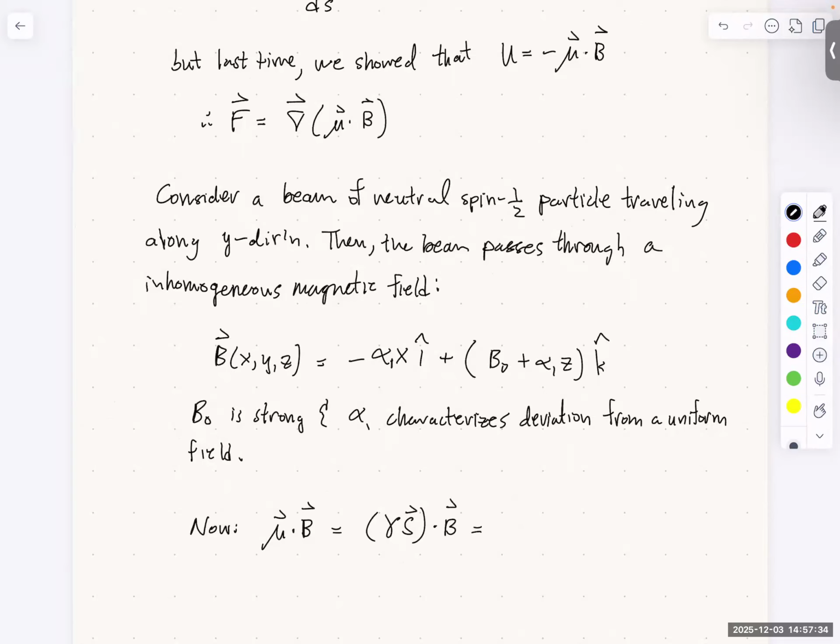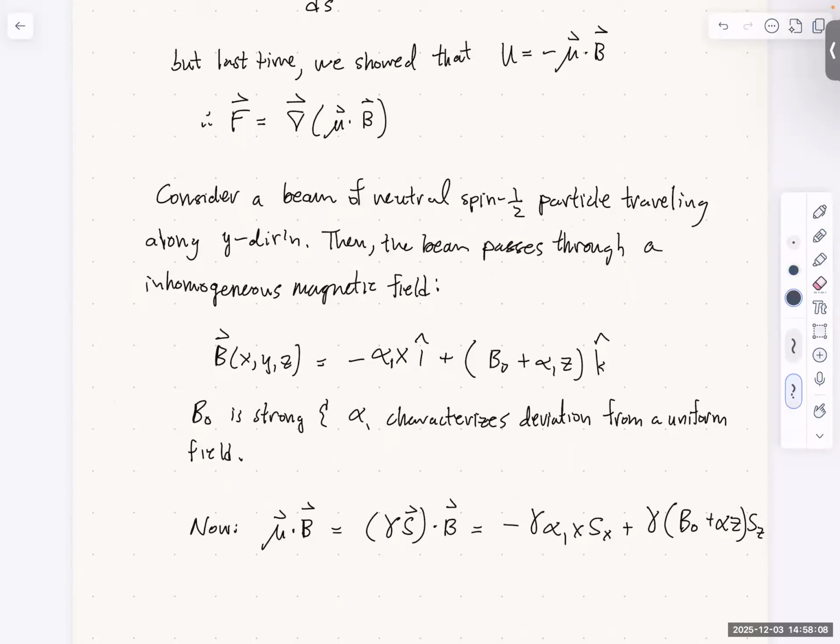So this is going to become a gamma Sx, and then we'll have a minus gamma alpha 1 x Sx, plus, then we take the dot product with the z component. So this is going to become gamma Sz. So we pick up a gamma again. We're going to get a B naught plus alpha 1 z, and then we need our Sz.